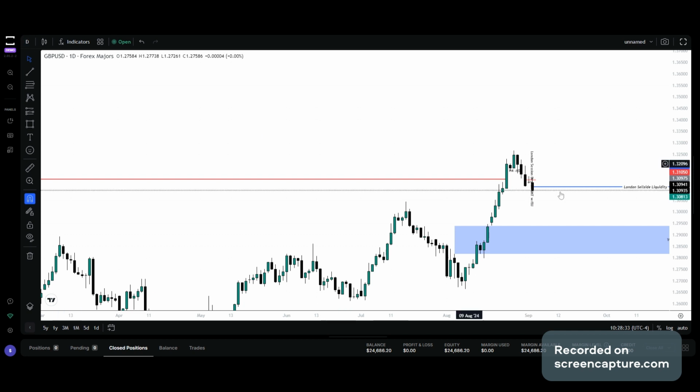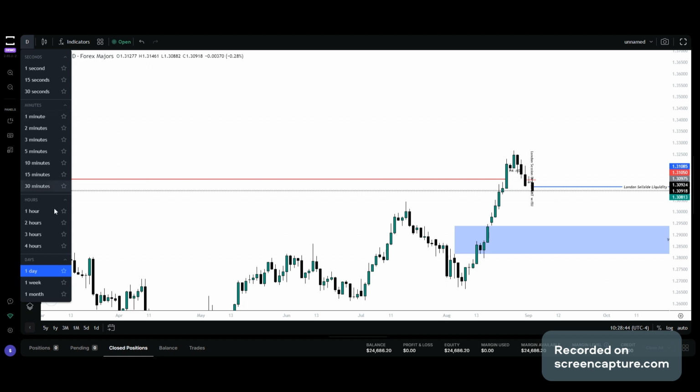And I got it. I took my partial though. First trade of the week, I like to take my partials early, go ahead and be positive, and then just let the rest run to 1 or 2. Now, I could have let a lot more run, but I like to get in and get out early.